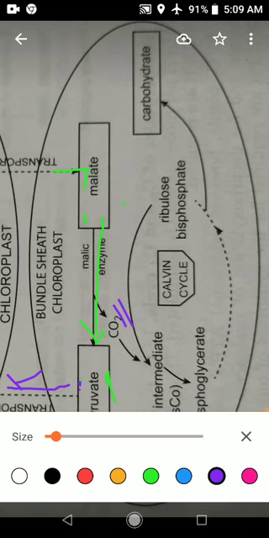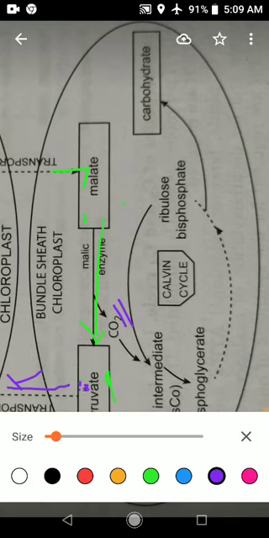So I told you, in the chloroplast of the bundle sheath cell, malate is converted into pyruvate and carbon dioxide. Pyruvate from the chloroplast of the bundle sheath is transported to the chloroplast of the mesophyll.